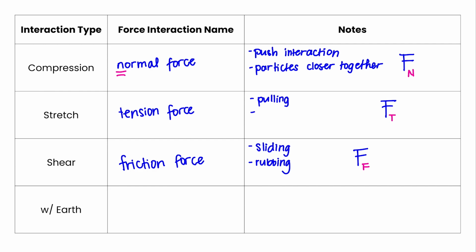And then now with earth, even though we're not physically touching the middle of the earth, right? So there's a floor underneath you, or you're sitting in your chair. Earth still has an interaction with everything on the earth. Okay, and so that is called gravitational.